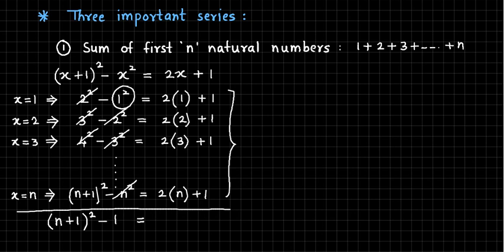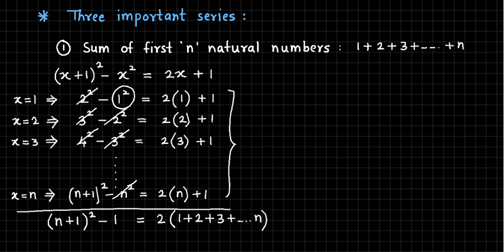Now on the right hand side, if you look at the first portion, that is each term on the right hand side, the first term is 2 into the counter, that is 2 into 1 plus 2 into 2 plus 2 into 3 and so on. So therefore what we can write on RHS is nothing but 2 into bracket 1 plus 2 plus 3 and so on up to n.